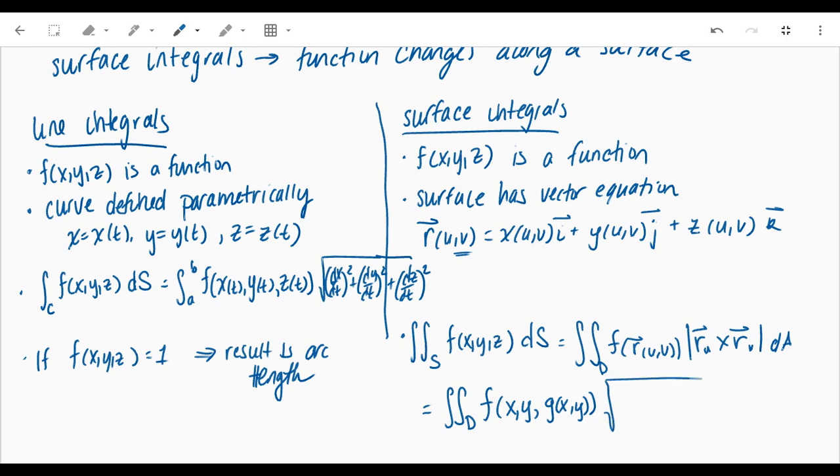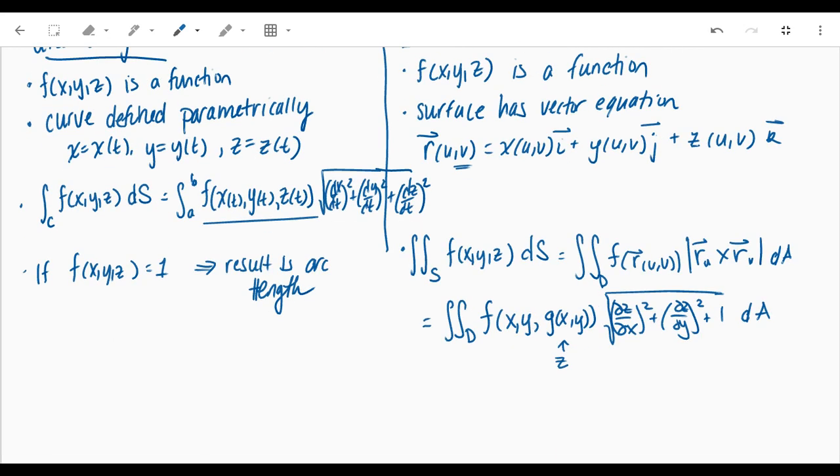And then we can do, so this is kind of analogous to this one here, the square root of dz/dx squared plus dz/dy squared plus 1, and of course dz/dz would just be 1, and then dA. Again, this would be like your z. And we have something similar too, where if f of x, y, z is 1, then you can probably guess the result is surface area.